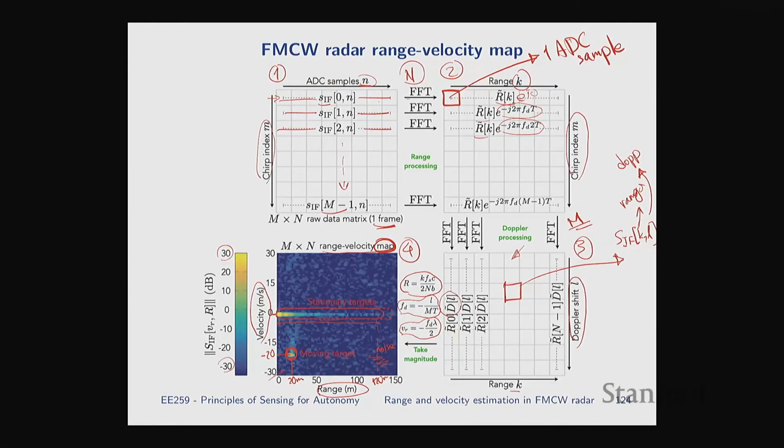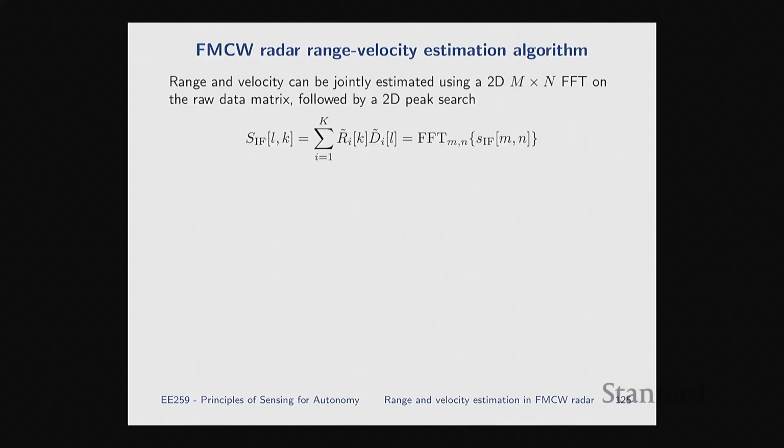One more thing is that the two FFTs, FFT on the rows and FFT on the columns, you can combine and just do a 2D FFT. That's mathematically equivalent. So you can start from your raw data matrix and do a 2D FFT on it over M and N, and that's equivalent to two separate 1D FFTs.